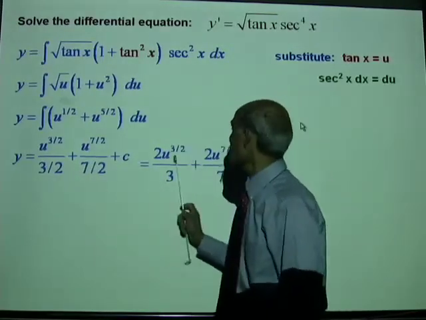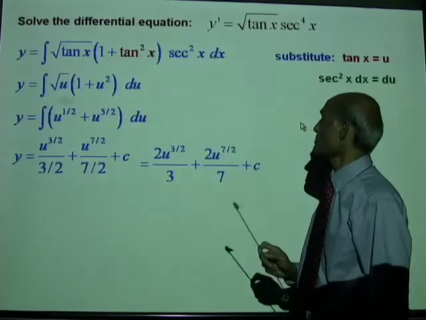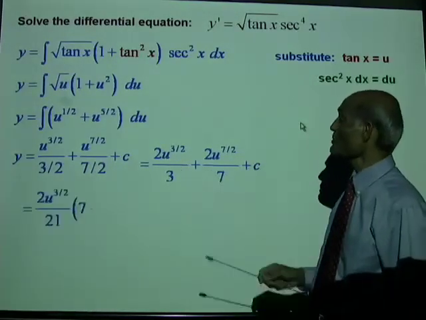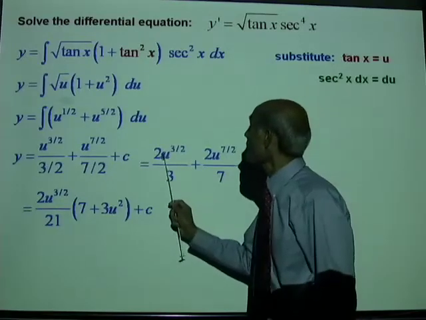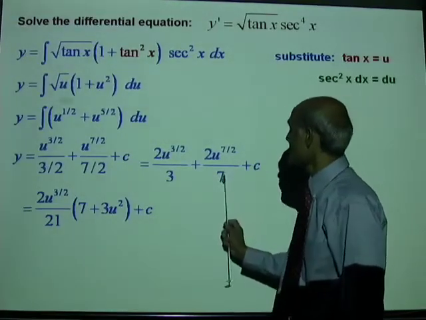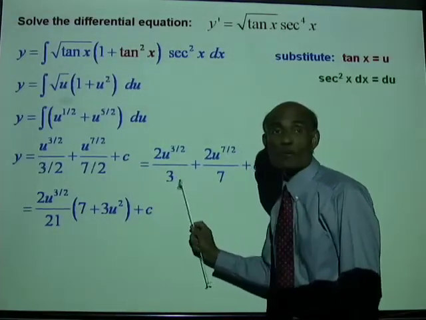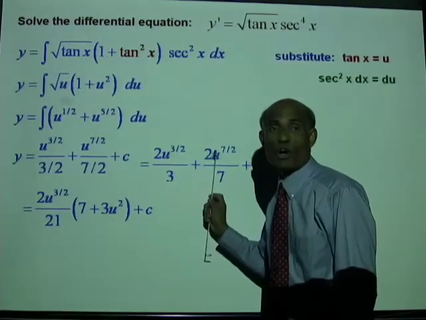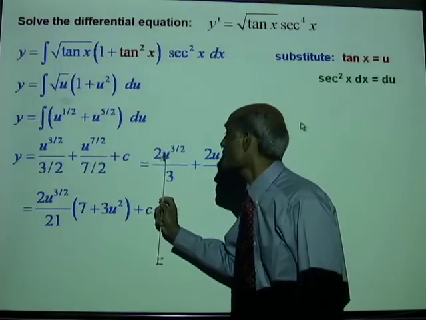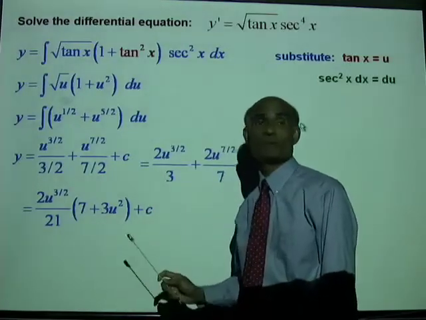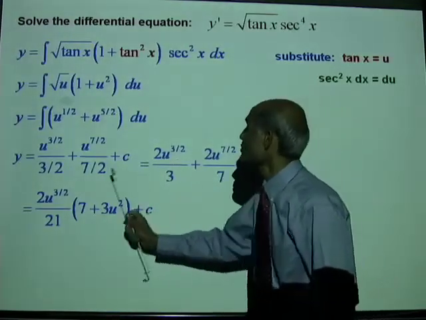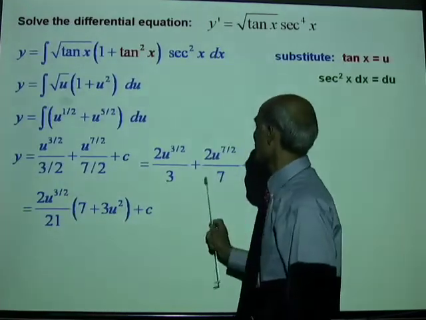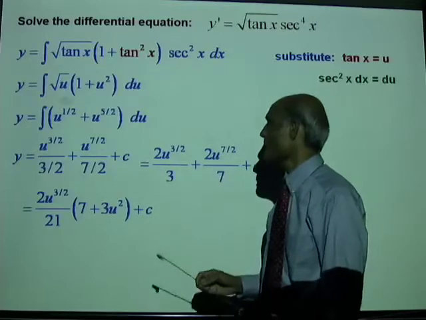And this is 2/7 u to the power of 7/2. Or we can factor out: the common denominator here is 21, and on the top you have u to the power of 3/2 common. So we take 2u to the power of 3/2 divided by 21 out.